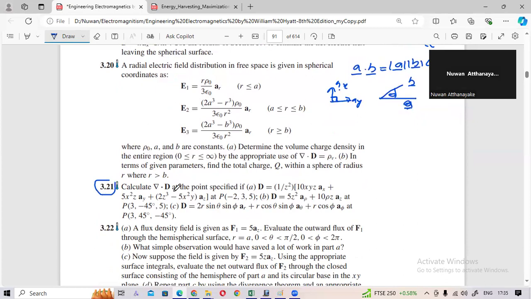Here you have to do the divergence evaluation. You have to find the divergence. This is the gradient operator.